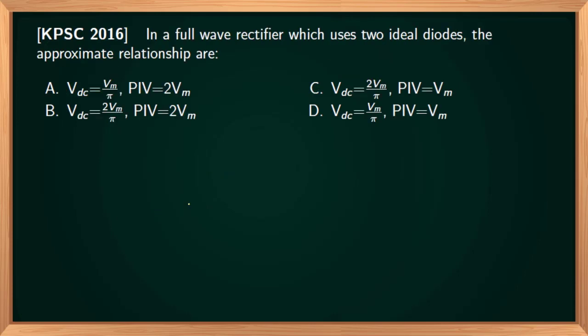Next question. For a full wave rectifier which uses two ideal diodes, the approximate relationships are. Here we have to find the DC value or average value and the peak inverse voltage. In a full wave rectifier which uses two ideal diodes, VDC equals 2 Vm by pi. That is the average value of the full wave rectified output.